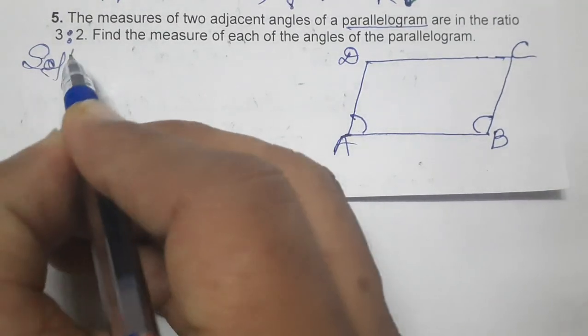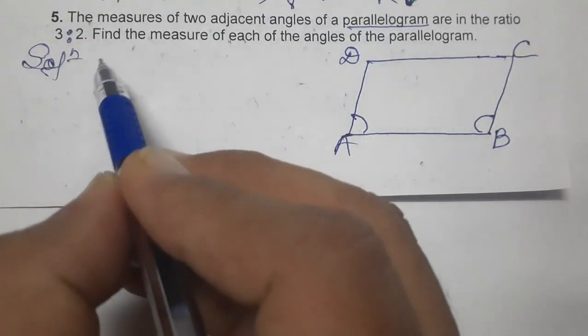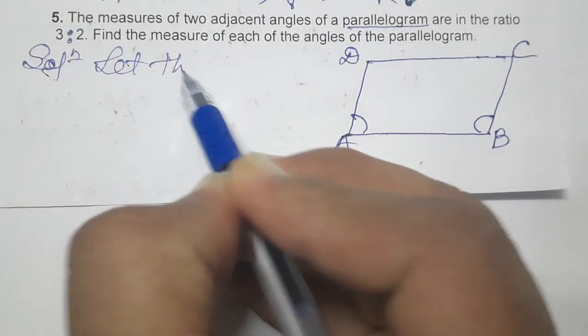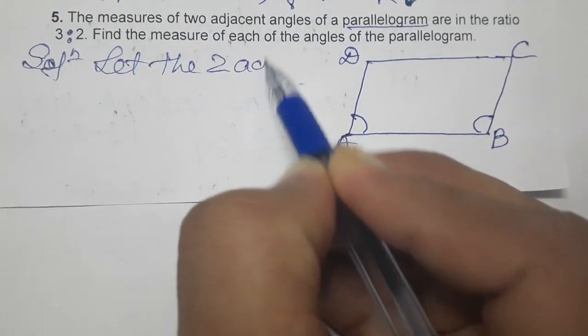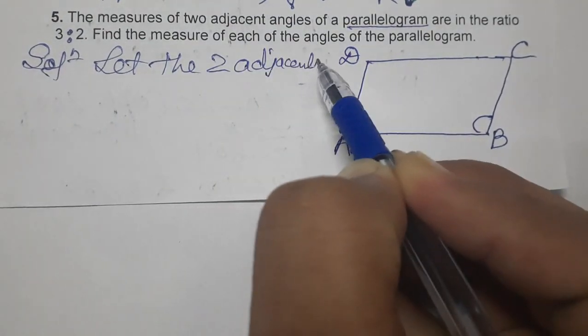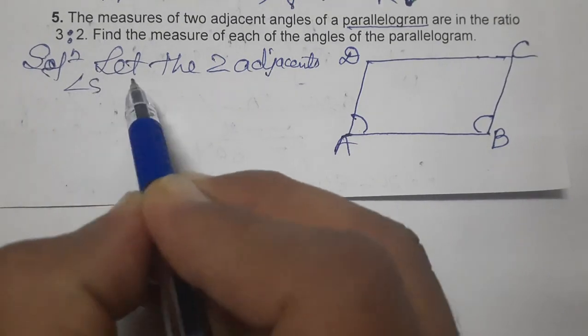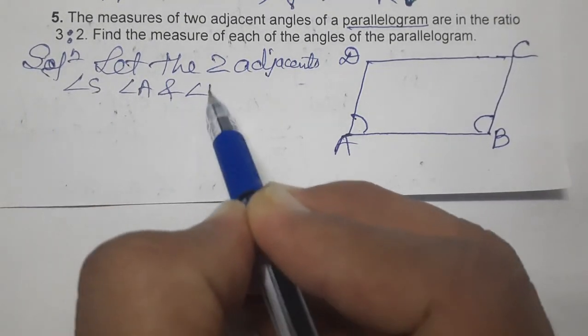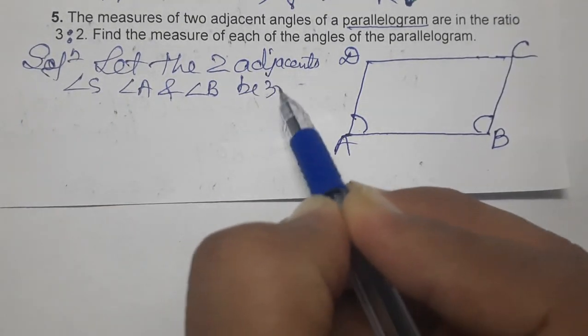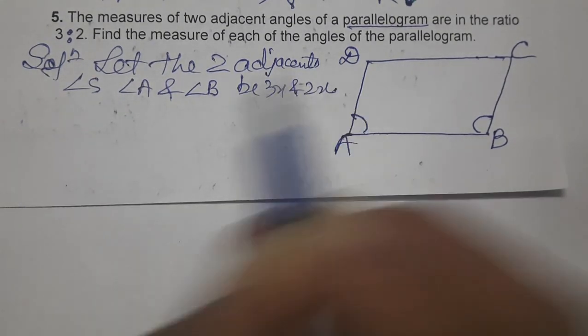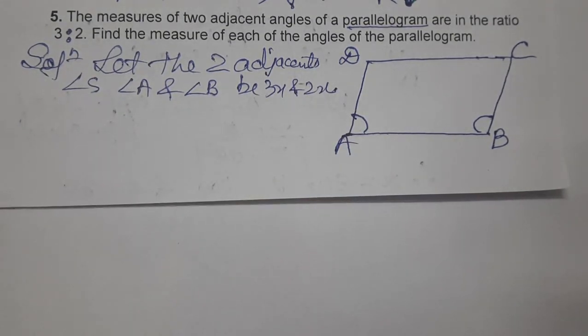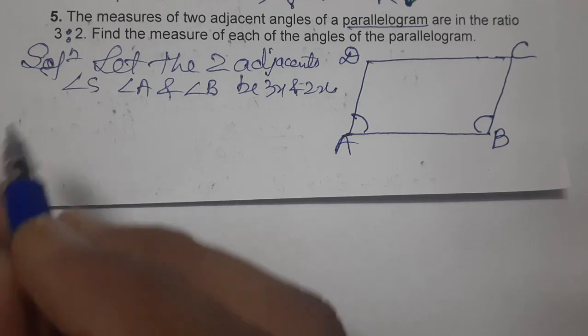So, let the two adjacent angles, angle A and angle B, be 3x and 2x. And we know, children, very well that the adjacent angles of a parallelogram are supplementary.